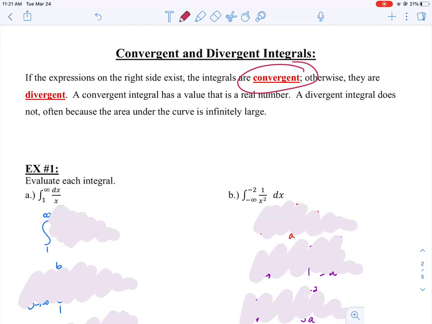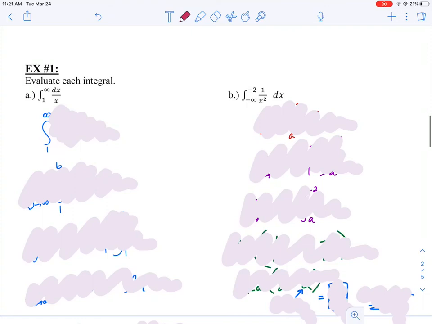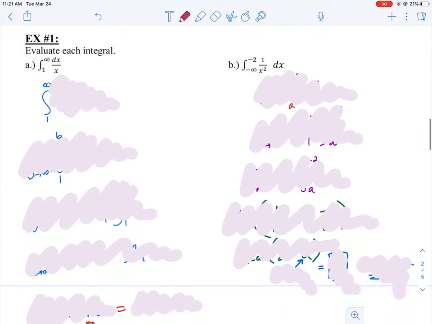Sometimes, though, when we add up a whole bunch of area, it just keeps growing and growing, and we don't actually get an answer. We call that a divergent integral. So convergent gives you a number; divergent just keeps growing infinitely large.